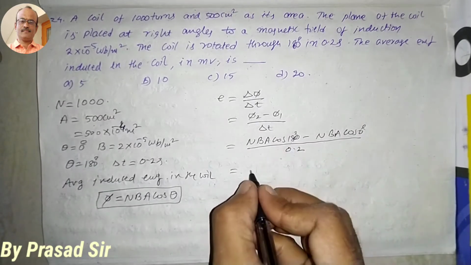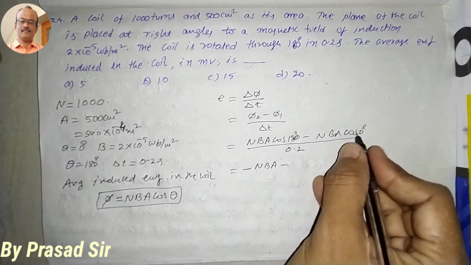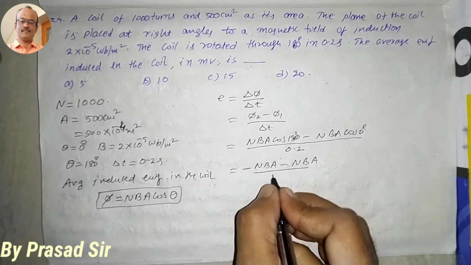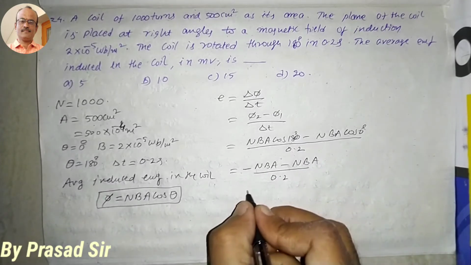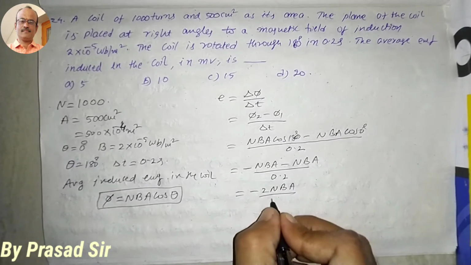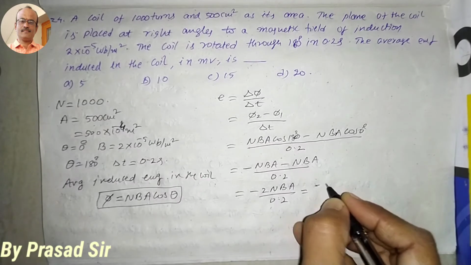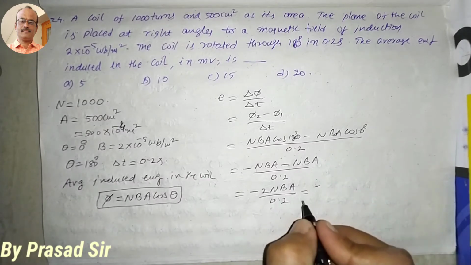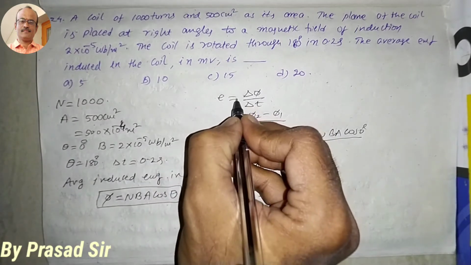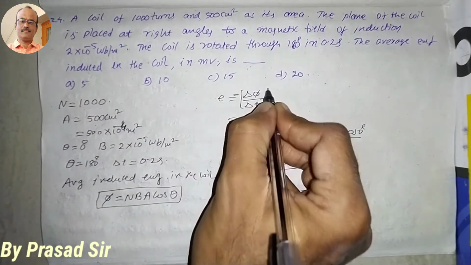So here cos 180 is minus 1 and cos 0 is 1, that means minus NBA minus NBA, so 2 NBA divided by 0.2. Now substitute the values here, but here my E, the induced EMF, is nothing but the negative rate of change in flux.